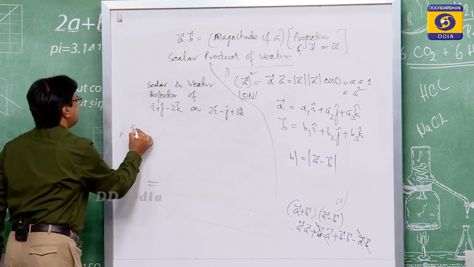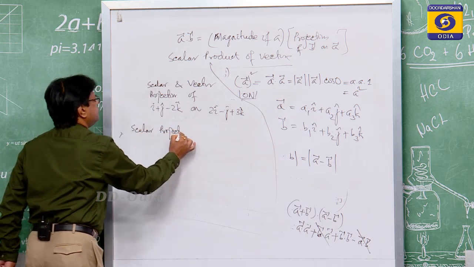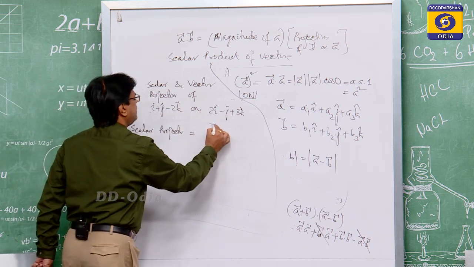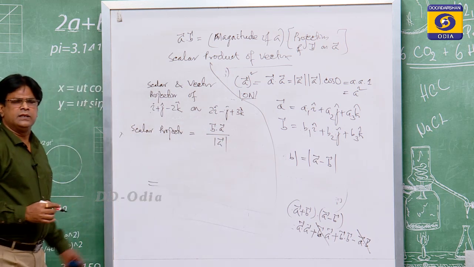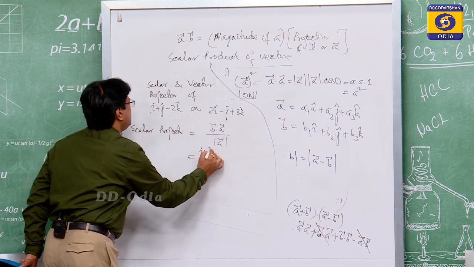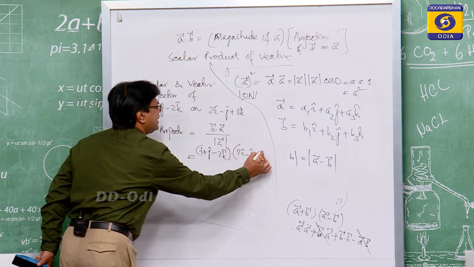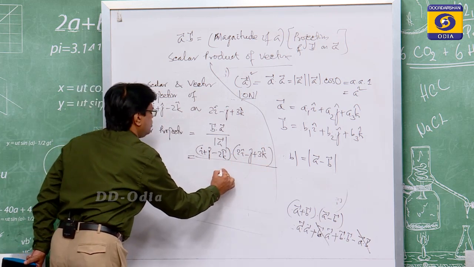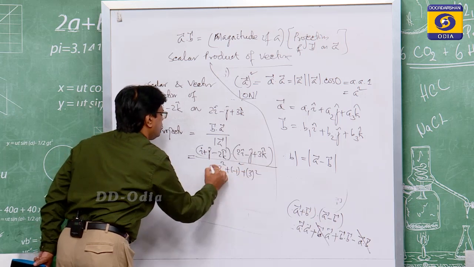Then scalar projection is the scalar projection of B on A, that is B dot A by the magnitude of A. That is i plus j minus 2k dot 2i minus j plus 3k divided by the square root of 2 squared plus 1 squared plus 3 squared.